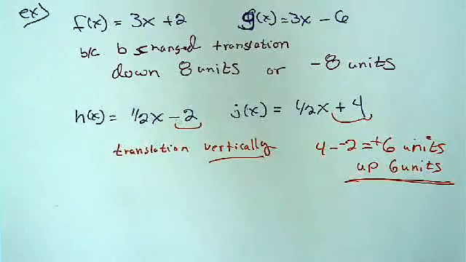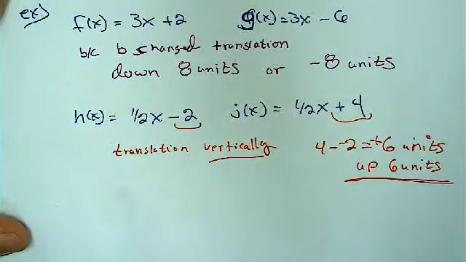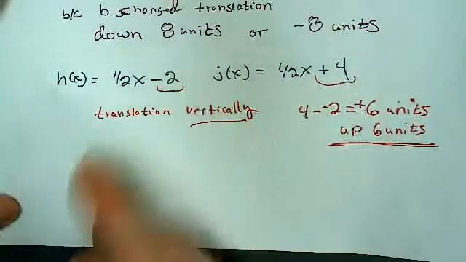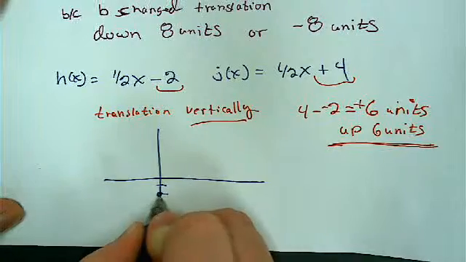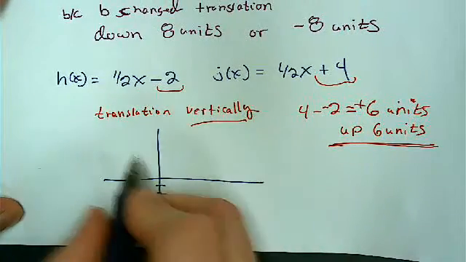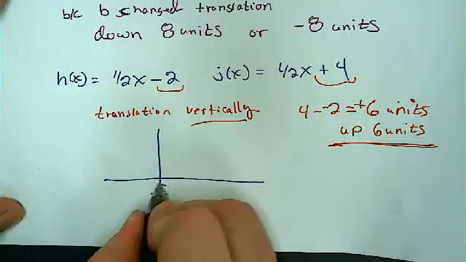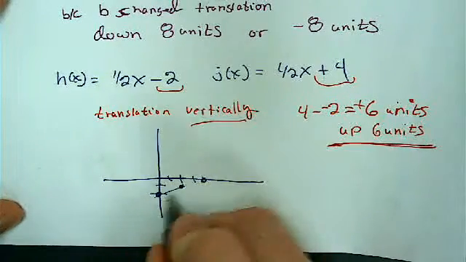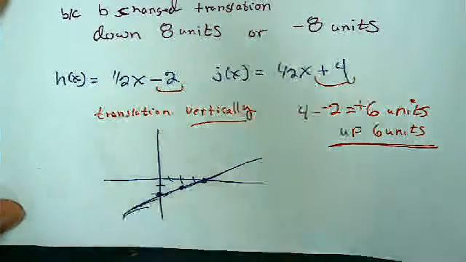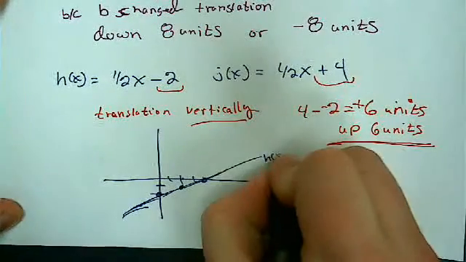Now it does sometimes help to graph it, because you can see that in the graph. If I graph this first one, the intercept is at -2. You have to be able to graph lines. Slope is 1 over 2, so I go up 1 over 2, up 1 over 2. There's that line, h of x.